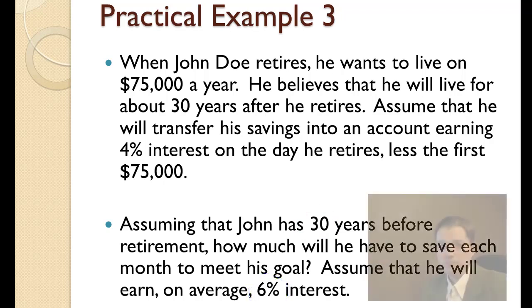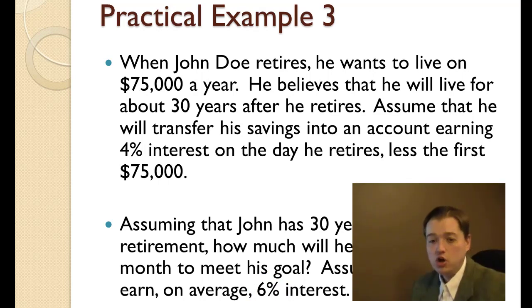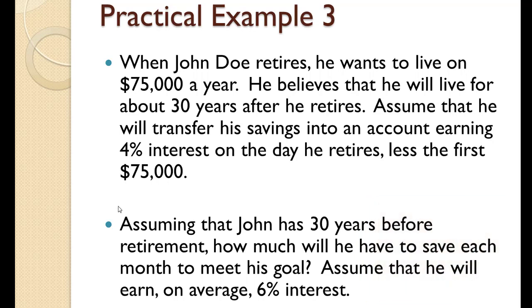This is a fun problem because it's really got two parts. We've got the part where we have to figure out how much money he needs, the first part, and then we have to figure out how much he's got to save each month to get to that piece. So this first problem up here, where we're calculating how much he needs, is a present value problem. It's a different kind of present value because he's going to take out the first payment at the beginning.